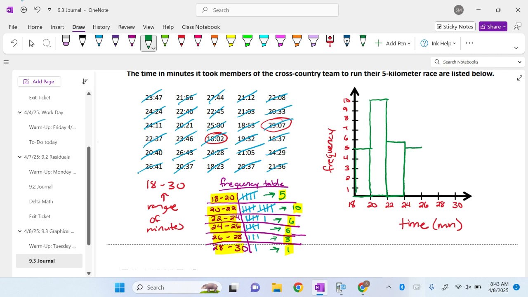So I'm going to line up with 5, and then draw the bar down to 26. What about 28? 3. So I'm going to go up to 3 and then down. And then we only had 1 between 28 and 30.